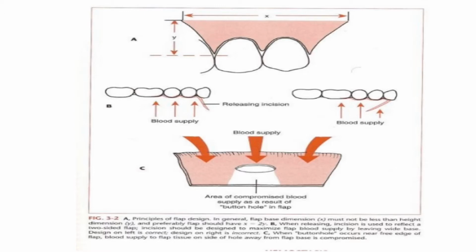So this provides a convergent base which compromises blood supply to the flap. In picture C, we can notice a buttonhole near the free edge of a flap. So the blood supply to the flap tissue on the side of the hole away from the flap base is compromised.